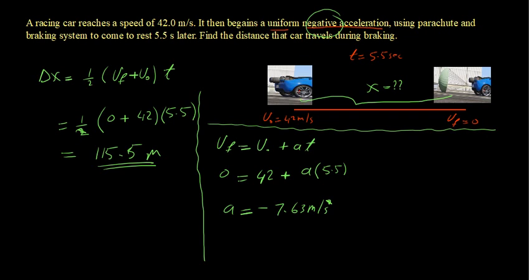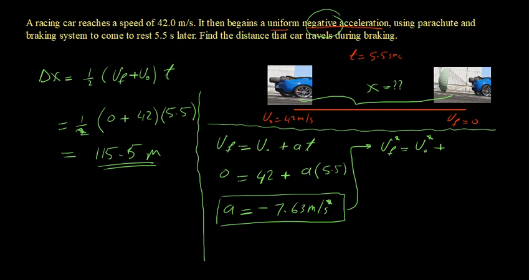Let's keep going. So I have the value of the car's acceleration. From this, I can find the distance. I can ignore the fact that I do have the time, and use this one: V final squared equals V initial squared plus 2a times x.